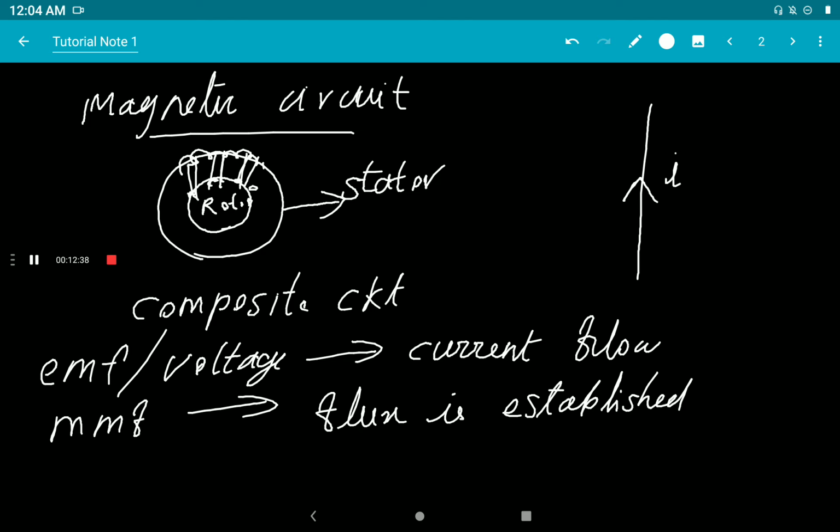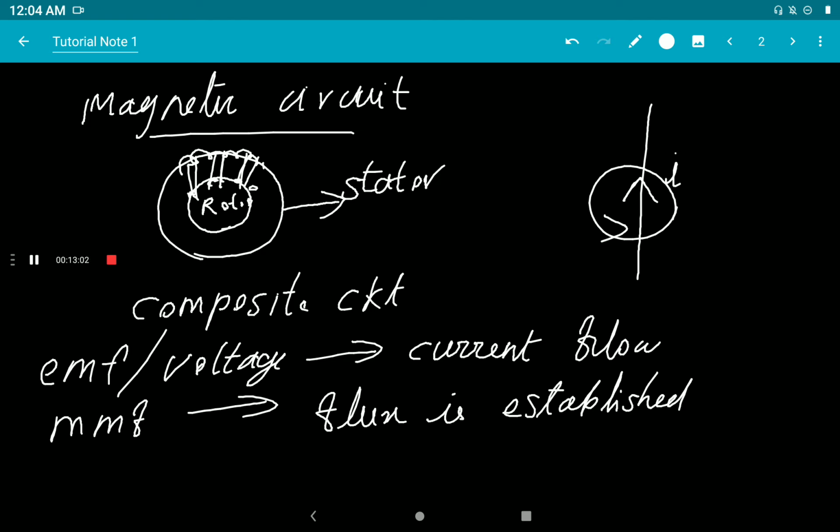Assume a conductor carrying current in the upward direction. Grip that conductor with your hand, with the thumb in the direction of the current, then all the other fingers will give the direction of the magnetic field. So the direction of the magnetic field will be like this. That is the thumb rule.